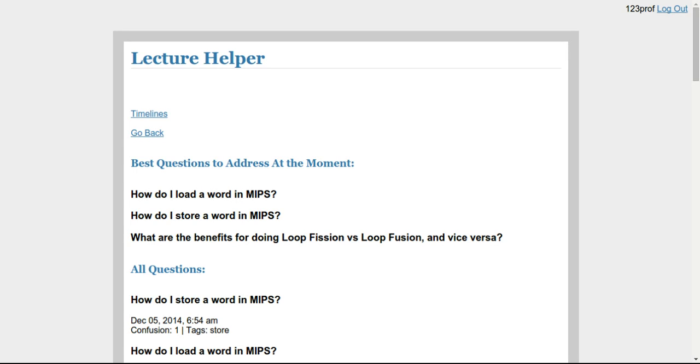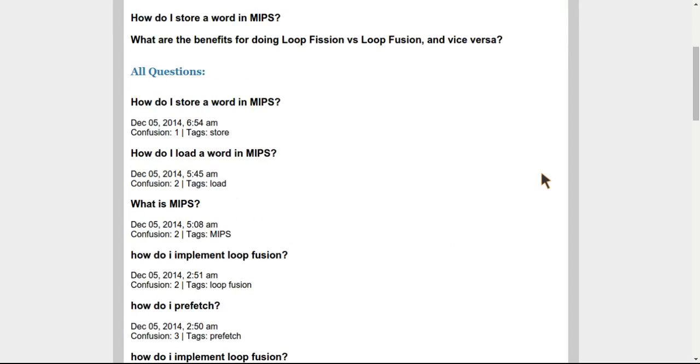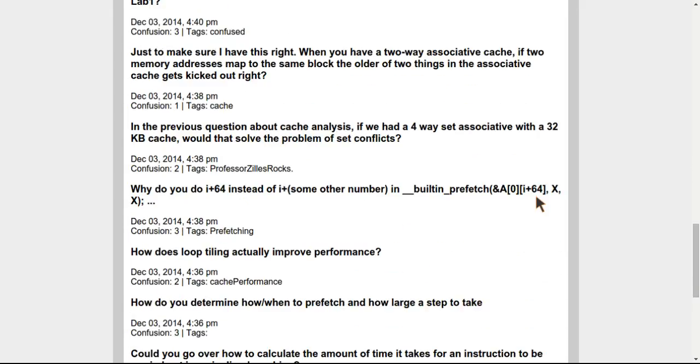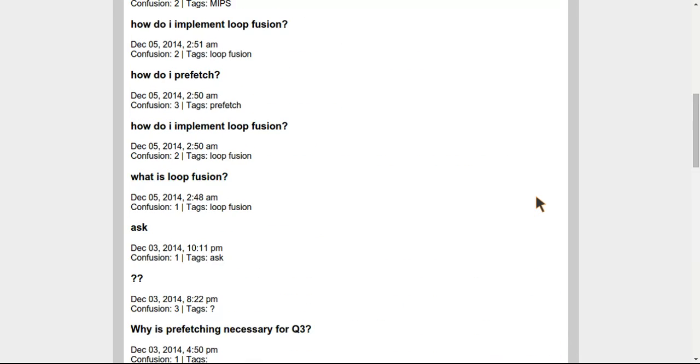We use a little bit of NLP to decide which questions go here. It trims down the whole bulk of questions to a very small subset of very good and relevant questions. And then here we also have a general list of all the questions that have been asked over the course of the class.